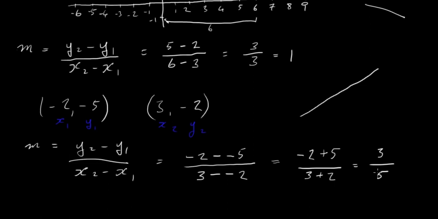It's positive, so it's going to be pointing in this direction anyway. So if you draw any right angle triangle from this line, what you'll find is the ratio of this side here to this side here will be 3:5. So the ratio will be 3 units here to 5 units here. Okay, so that's basically how you calculate slope.